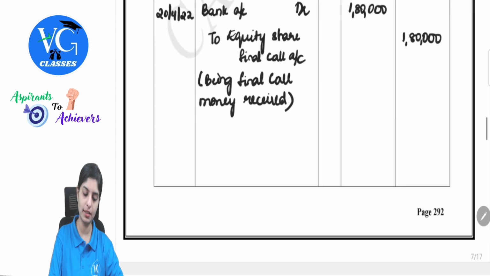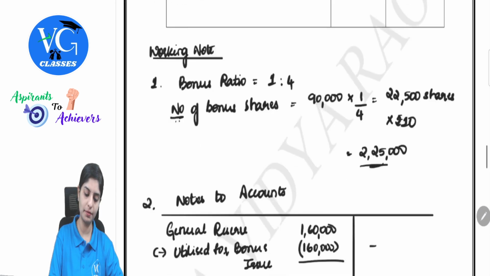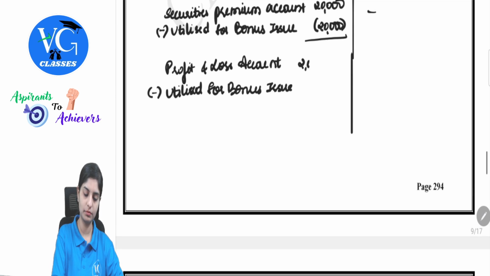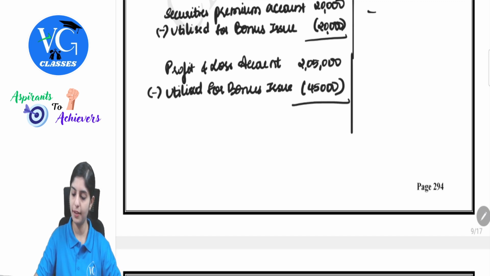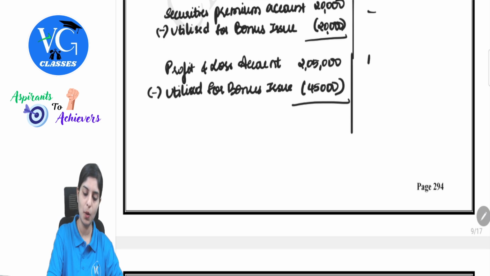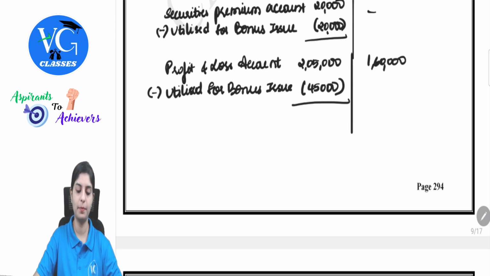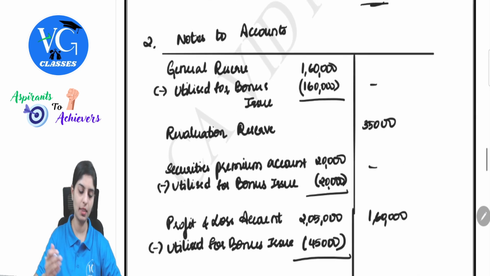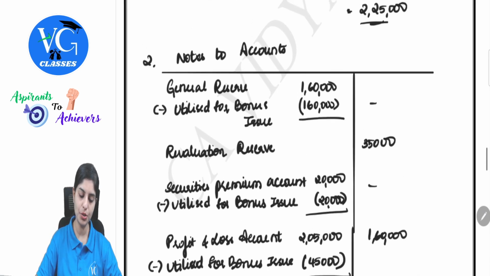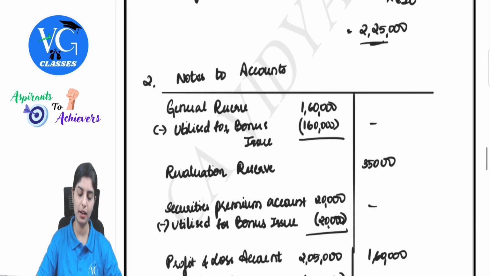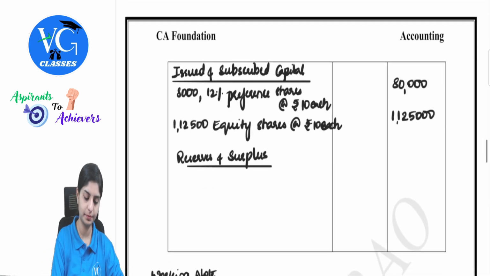We have utilized 45,000. So there is a balance left in profit and loss, 2,05,000 minus 45,000. This will be 1,60,000. So this we will reflect in the balance sheet. Revaluation reserve is 35. P&L account is 1,60,000.